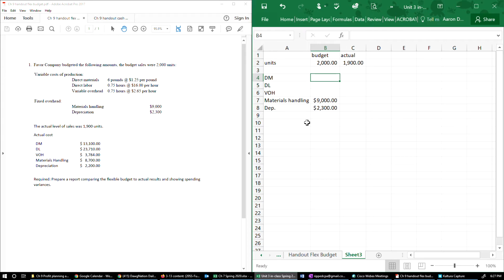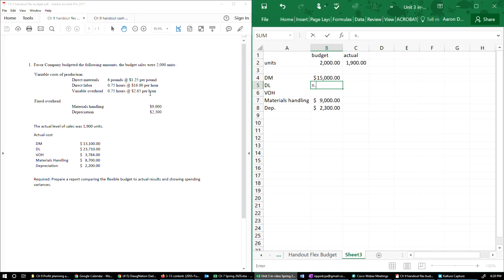So direct materials budget indicates that we're going to use 6 pounds of direct material costing $1.25 per pound, and we're manufacturing 2,000 units. All right, so there's where 6 comes from. There's where the $1.25 comes from for 2,000 units. All right, so that's your budget for direct materials.